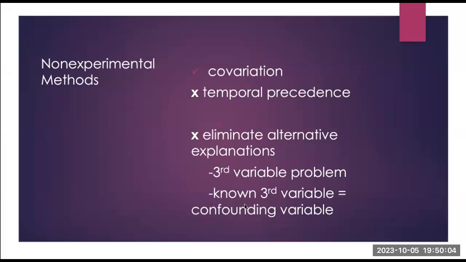So we're not sure what's causing that change in the dependent variable. Is it the manipulation of the independent variable, or is it the presence of this confounding variable? A good researcher needs to know what possible confounding variables there are and control for them, either by eliminating them environmentally or controlling for them statistically.